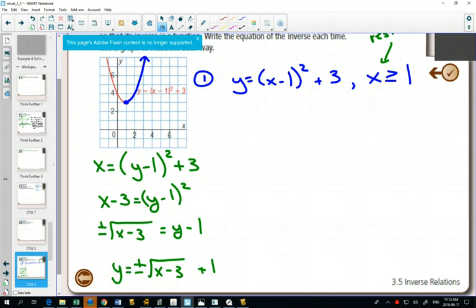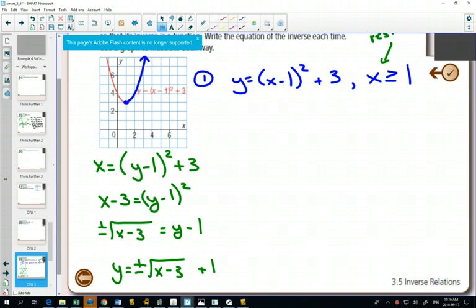If I switch my x's and y's of just the blue part of the graph, I will only get one of these square roots. The question is, which square root will it be? Will it be the positive one, or will it be the negative one?